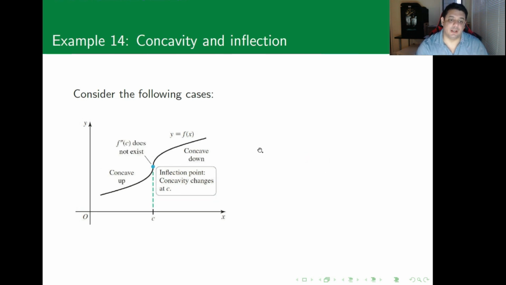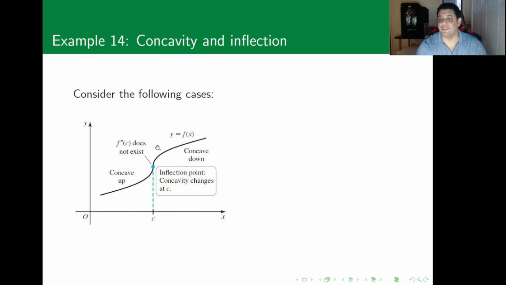Now, again, we can also have the case where the derivative does not exist, and that means f prime of c does not exist, or notice here we have a tangent line that is infinite. In that case, we also are not going to have the second derivative existing.